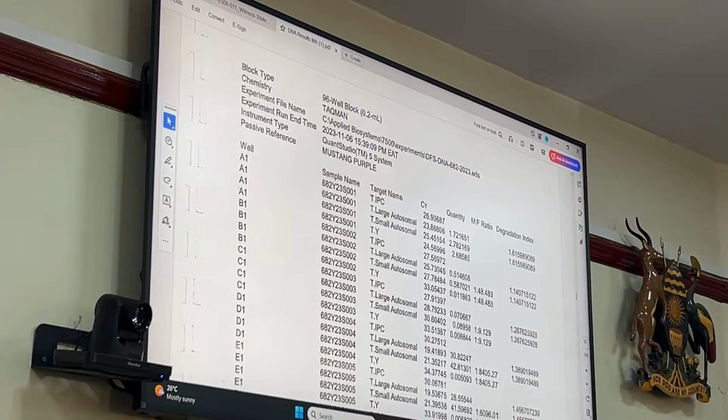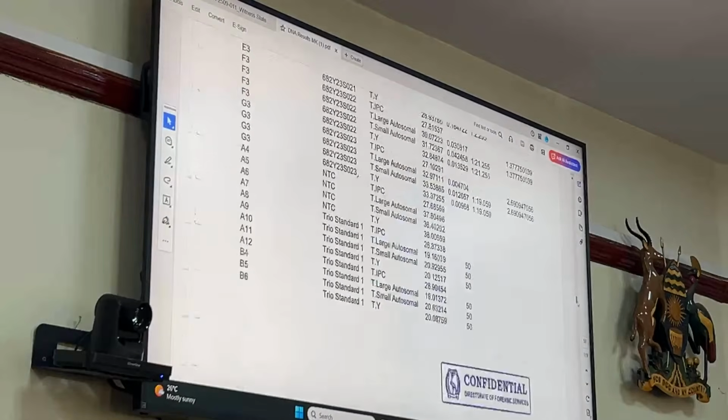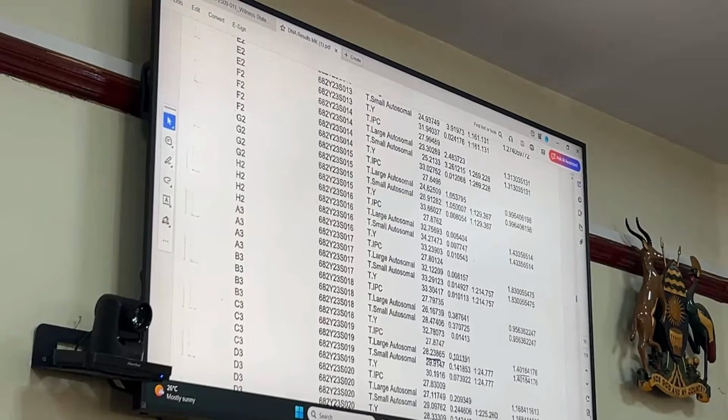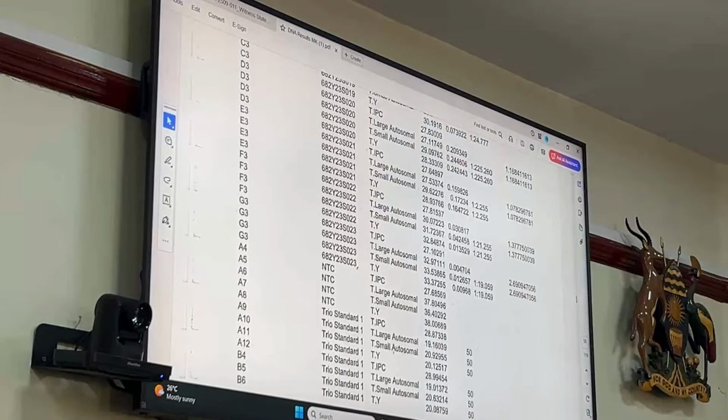This means the actual processing is completely transparent. As you can see at the start, sample 001, and it continues to sample 23, and then followed by the negative control.